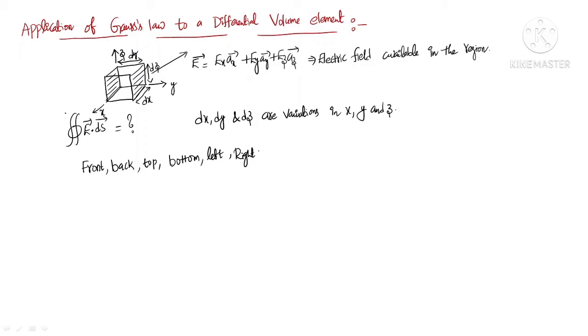Between the left surface and right surface there is a variation of dy. Let us find E dot ds for the left surface.